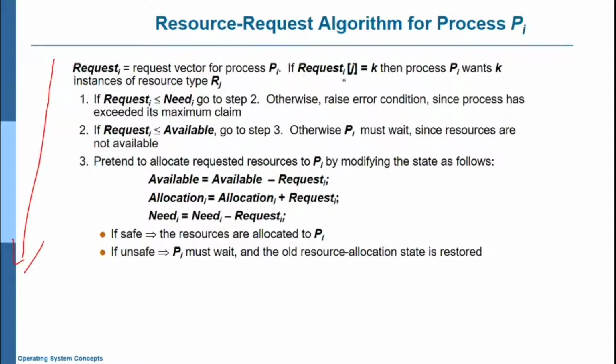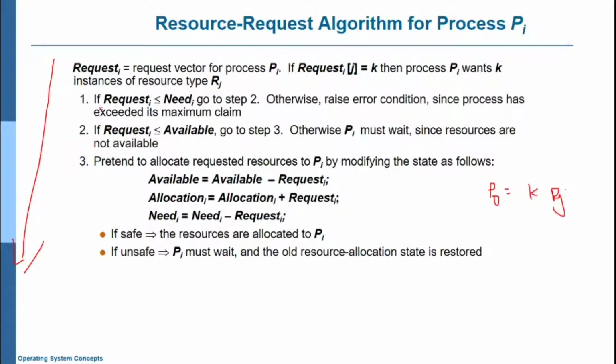If process Pi wants k instances of resource type Rj, what is the procedure?